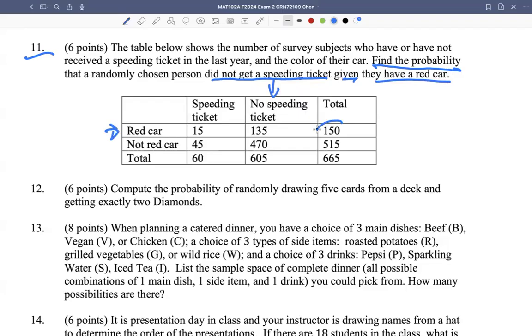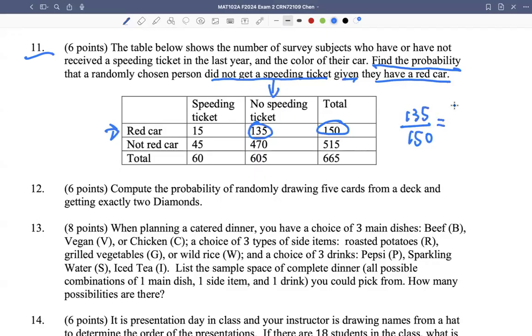The total people having a red car is 150, so the denominator is 150. Then how many people did not receive a speeding ticket? We look at this one, which is 135 divided by 150.